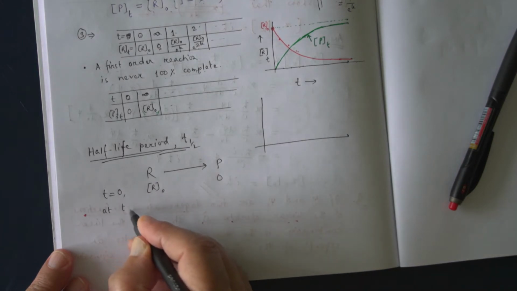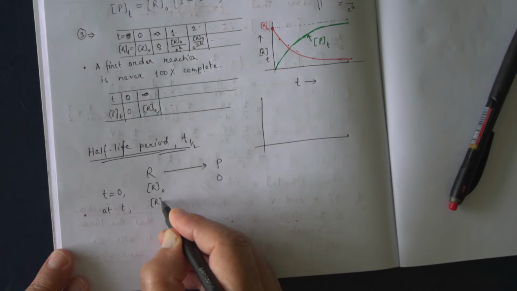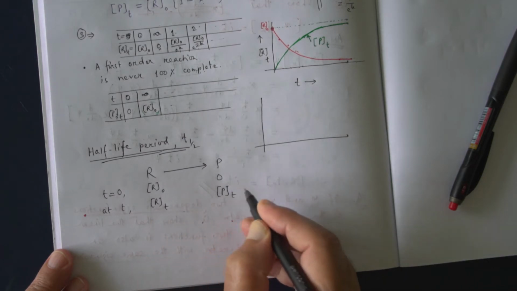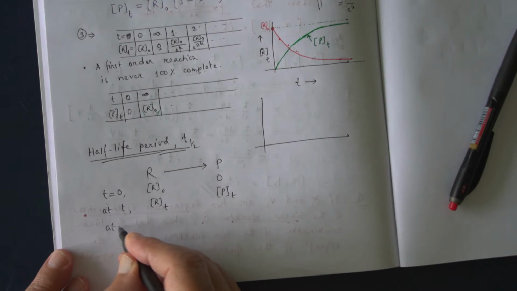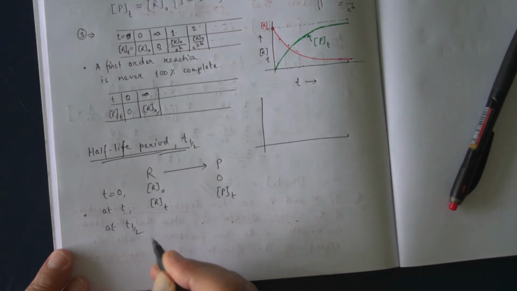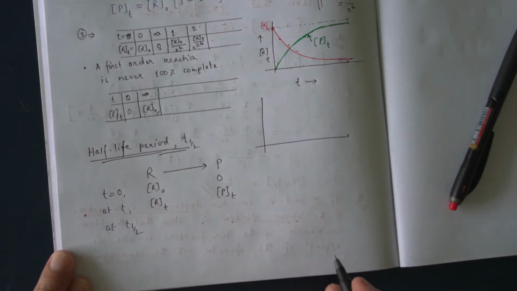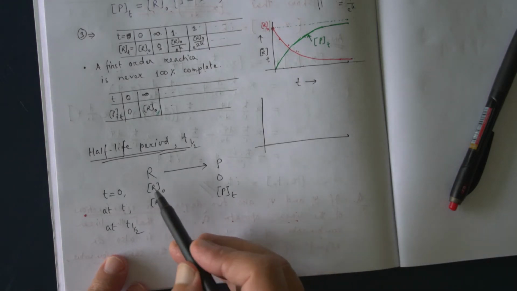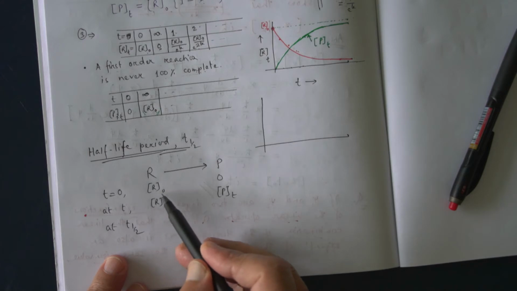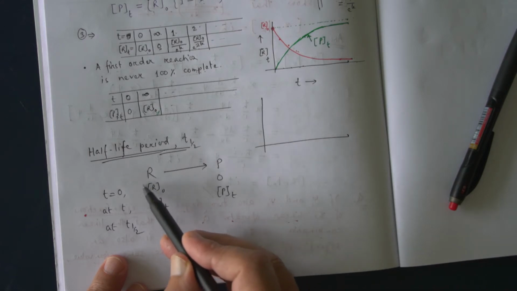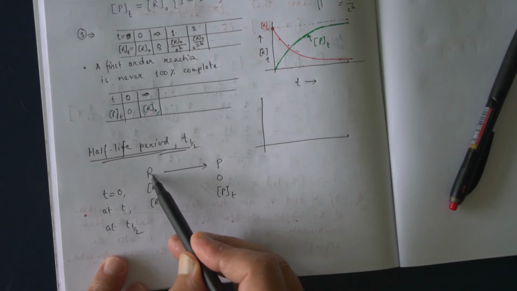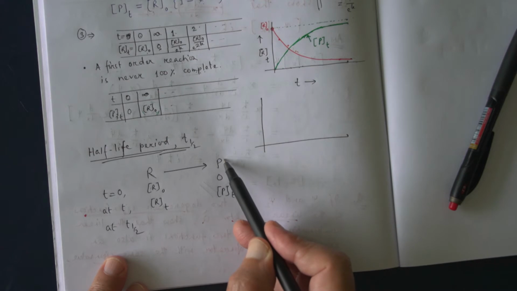At time t, the concentration is RT and PT, or at T half. What is half-life period? It is when half of the initial concentration of the reactant is converted to product.